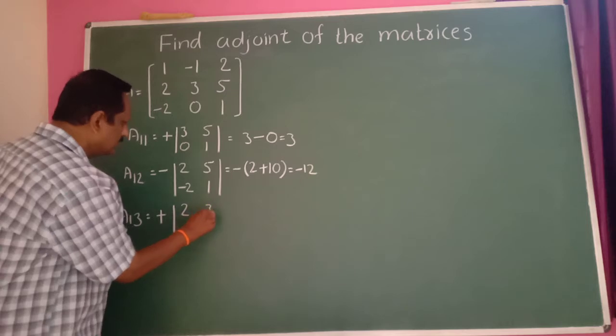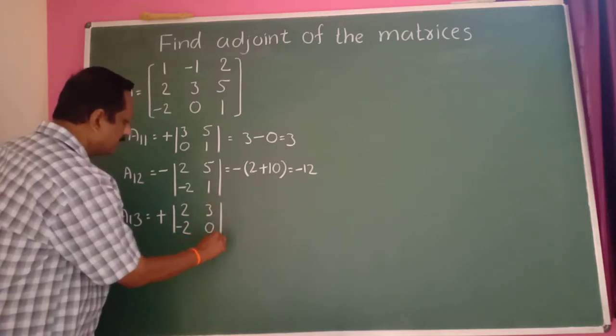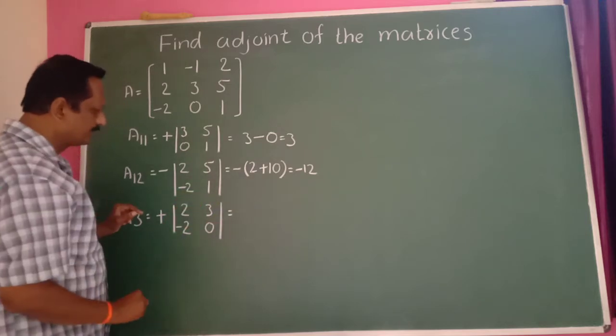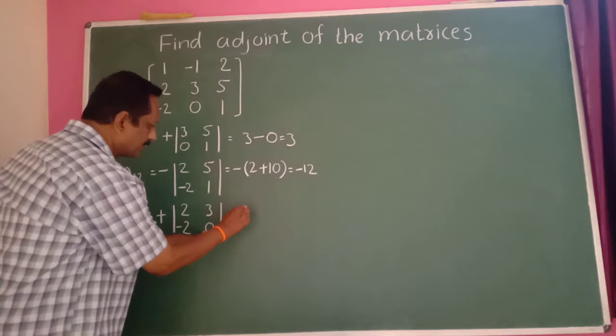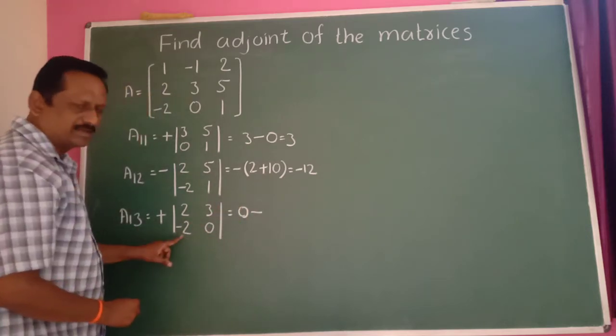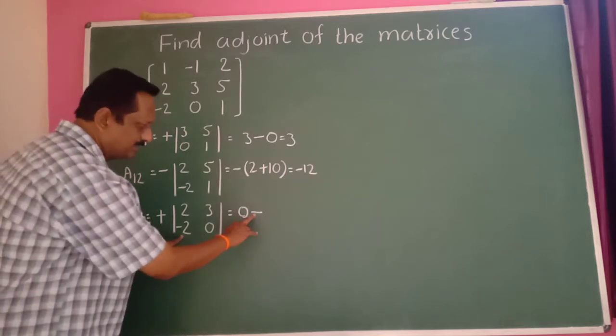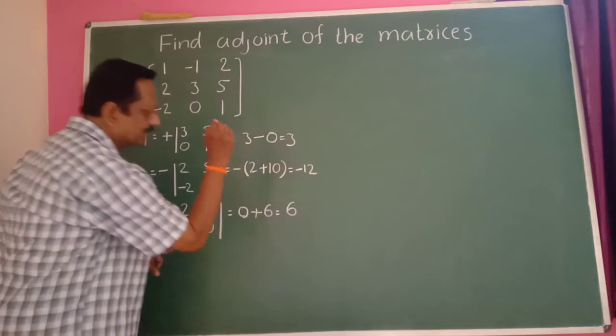Expand it here: 2 into 0 becomes 0, minus 3 into minus 2 is minus minus 6, which is plus 6. Therefore this is equal to 6.